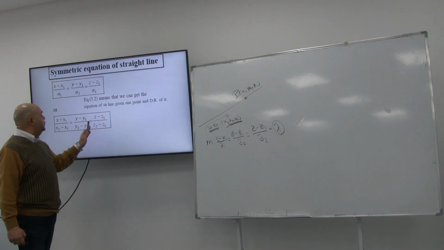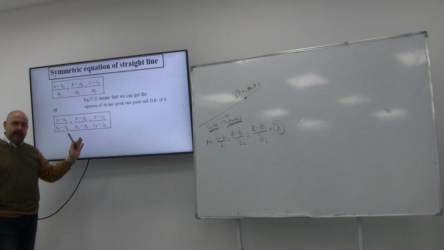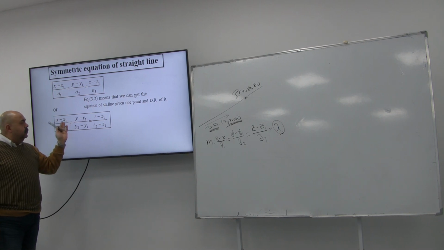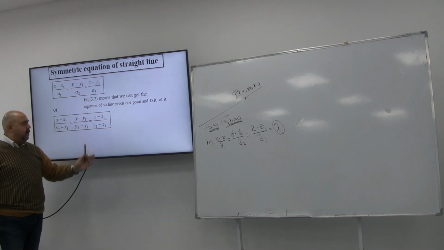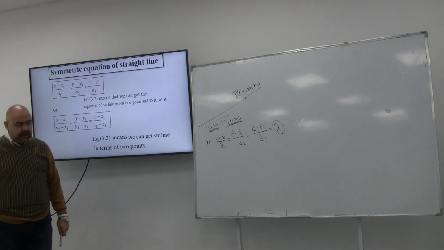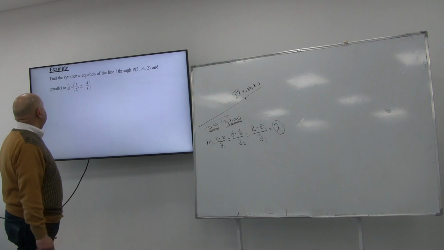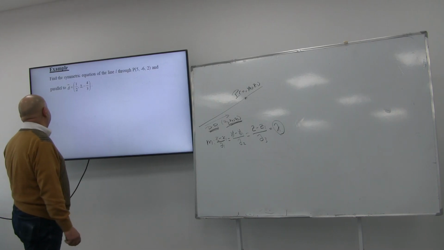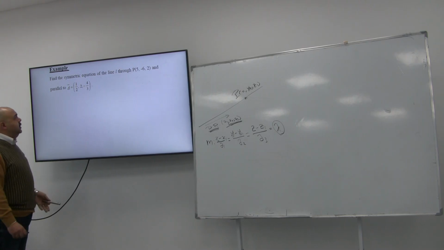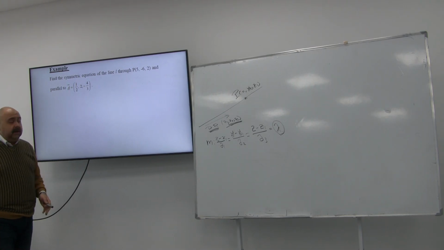If I have 2 points, x1, x2, y1, y2, z1, z2, I can get the direction vector, or the direction ratio, and then I can use any of these points on the numerator to express the equation of this straight line.